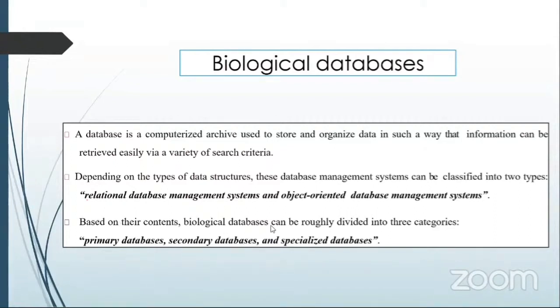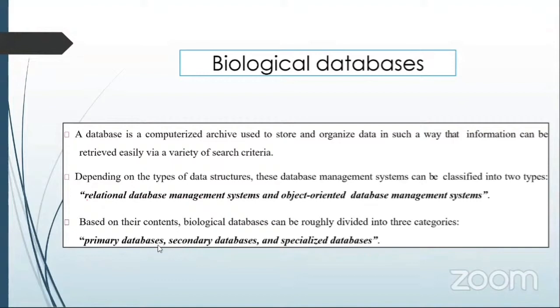Based on the biological databases, bioinformatics is broadly divided into three categories: the primary database, secondary database, and specialized database. If you are a beginner, you can utilize the primary database, in which you will get to know different sequence data.